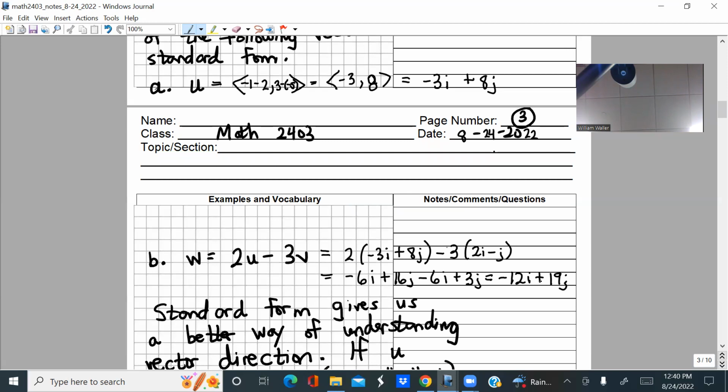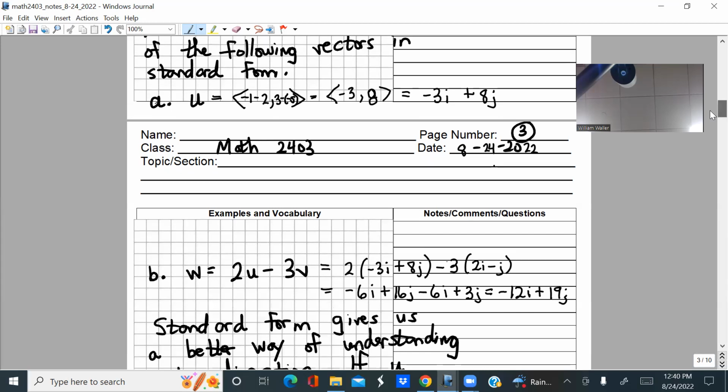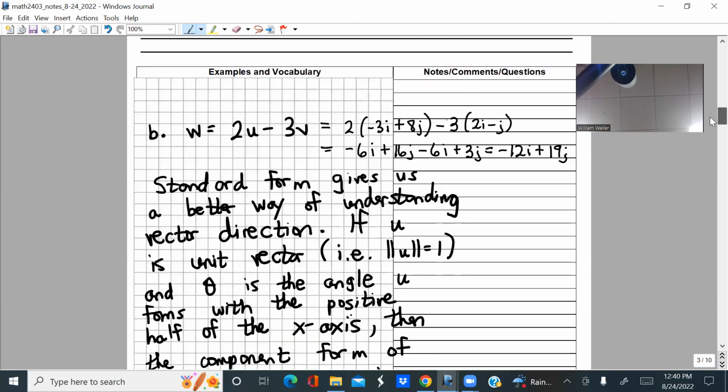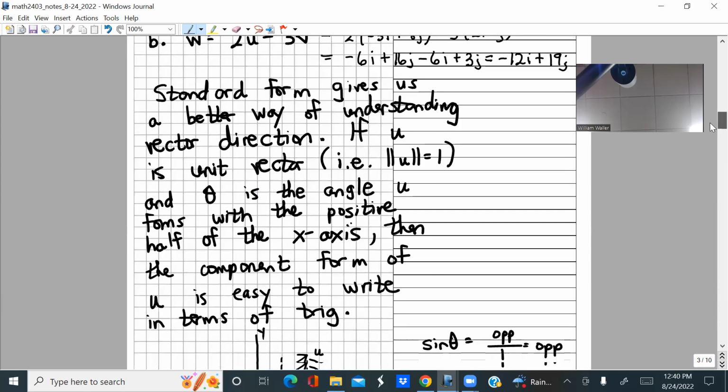Those are actual vectors, remember? So these are not variables at all. In fact, they're actual things. These are actual vector constants. Now, another reason that standard form is useful is that it gives us a better understanding of direction.